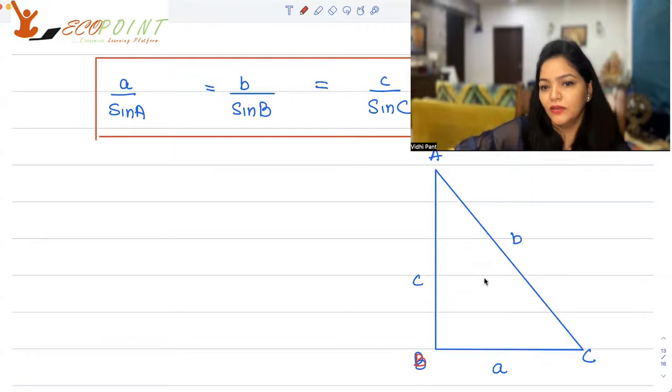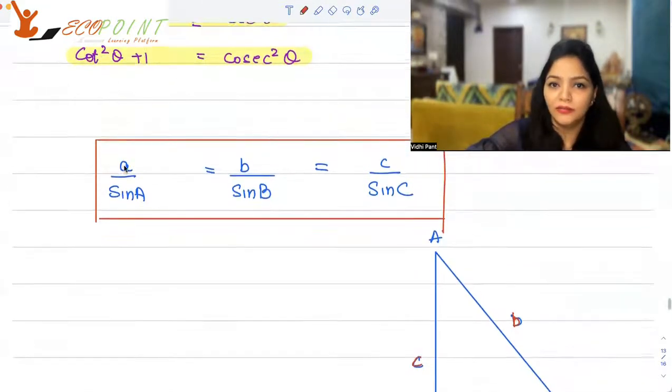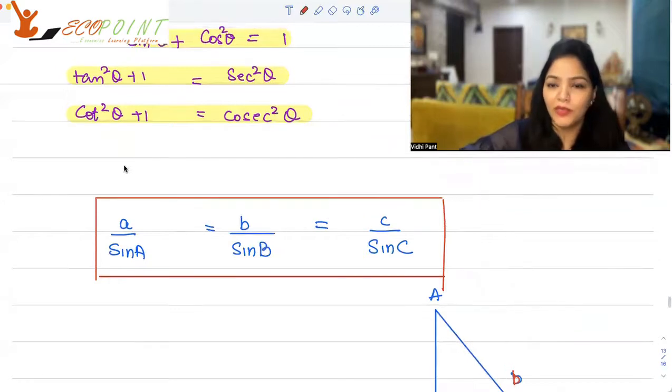So if B is here, right opposite, the length we will take lowercase b. If C, the angle, is here, then right opposite you will take lowercase c. A is there, so I'm taking lowercase a here. So the sine ratio formula is a upon sine A is equal to b upon sine B is equal to c upon sine C. This will always hold true in any triangle.